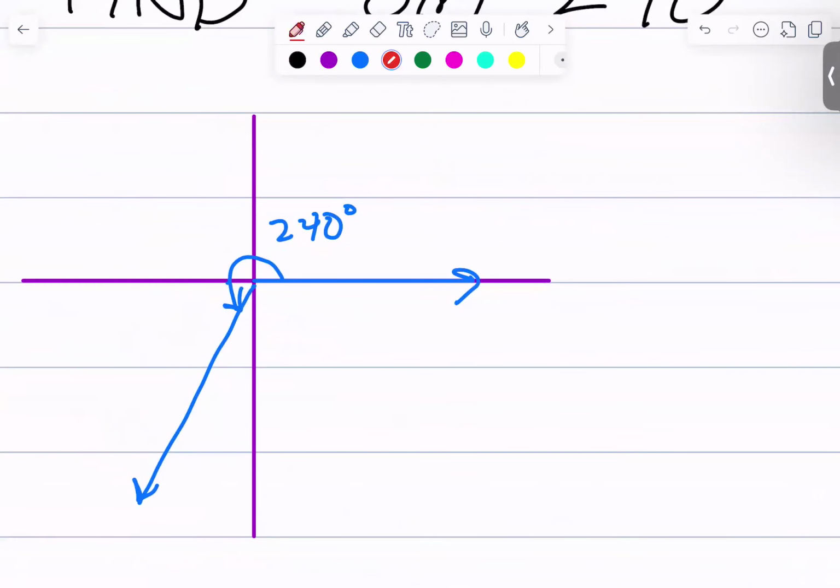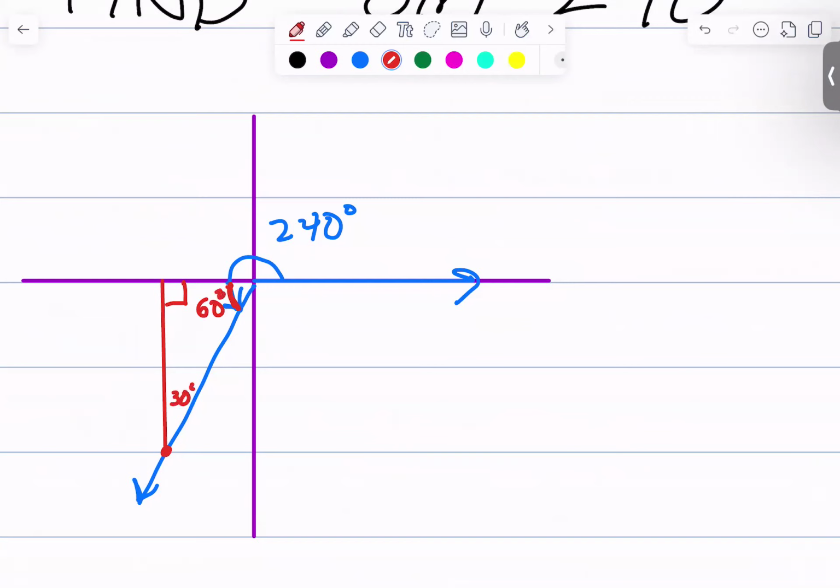And then if I get any point along the terminal side, I drop this perpendicular distance to the x-axis. That's my reference triangle. Okay? So there's my 90 degrees, because it's perpendicular. What is this angle here? 60, right? 60 degrees.